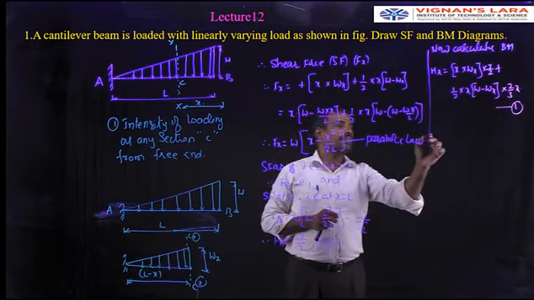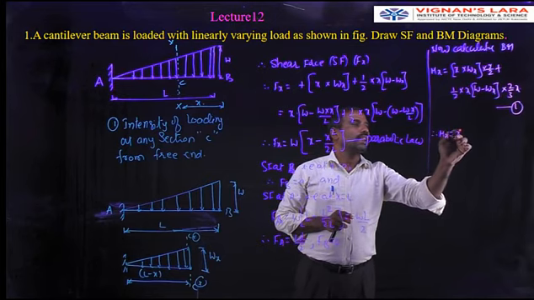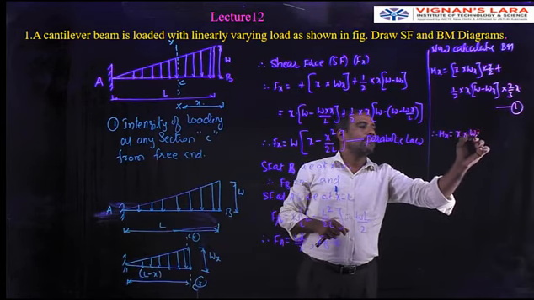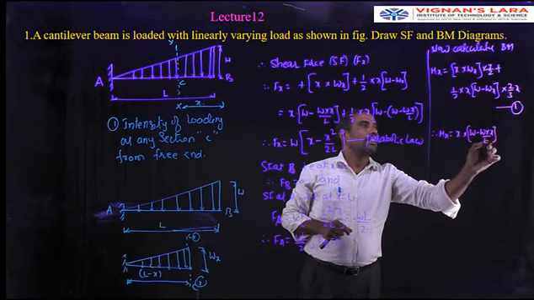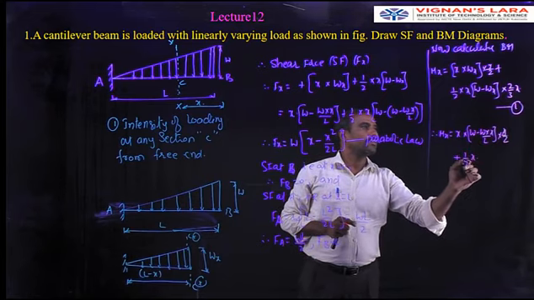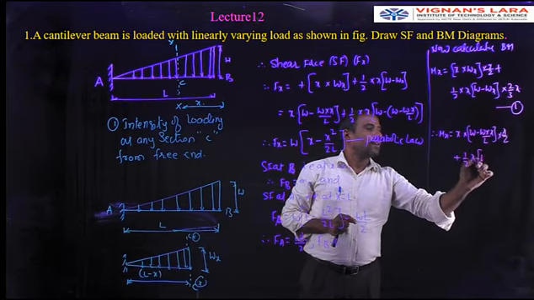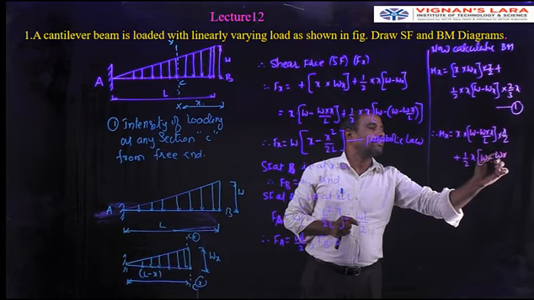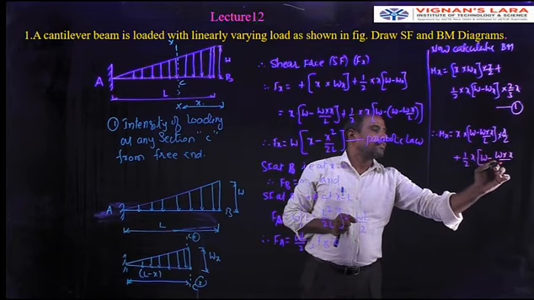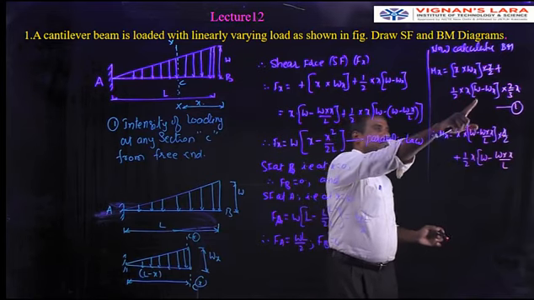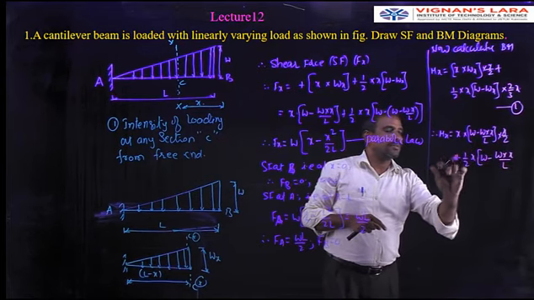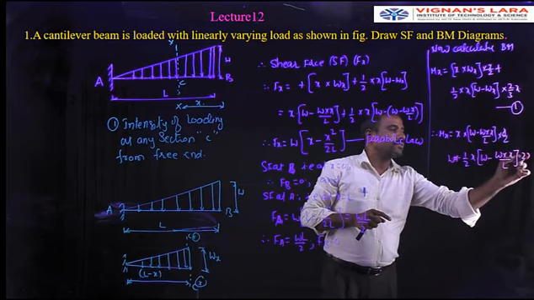Therefore, Mx is equal to x into Wx, and we know that Wx is calculated already: W minus W into x by L, into x by 2, plus half into x into (W minus of W into x divided by L) into 2x by 3.